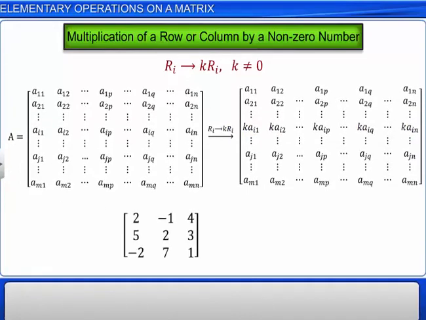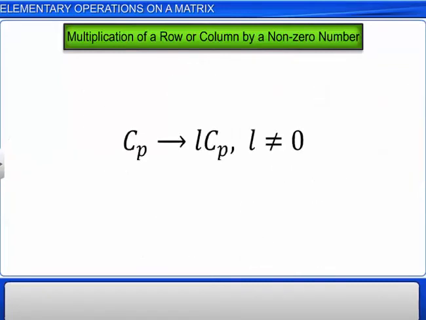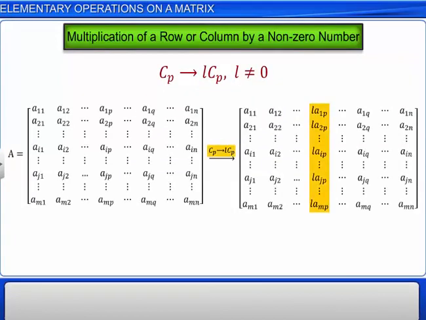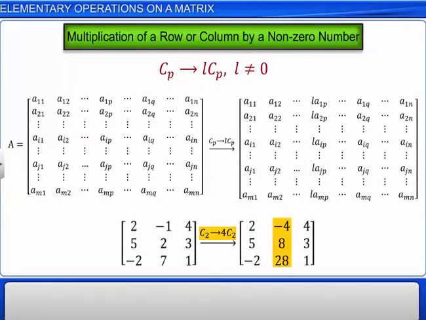An example of a matrix whose first row is multiplied with 1 divided by 5 is shown here. If we multiply the pth column with a non-zero element l, then the resulting matrix is as shown. A matrix whose second column is multiplied by 4 is shown here.